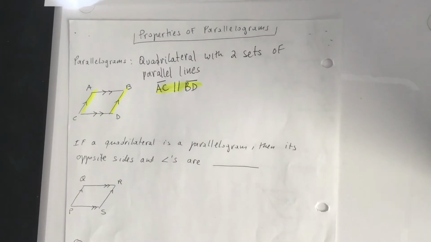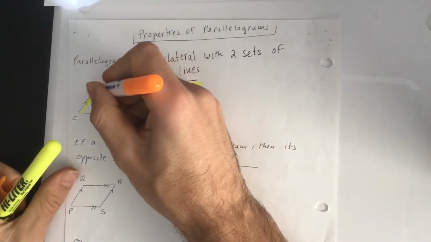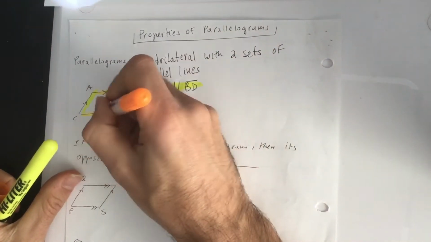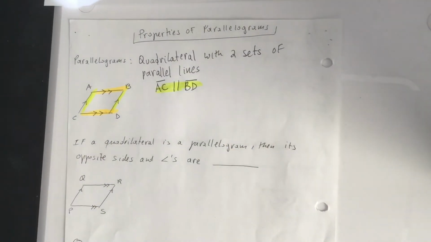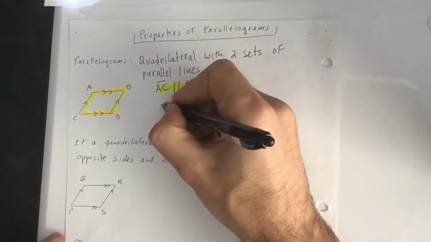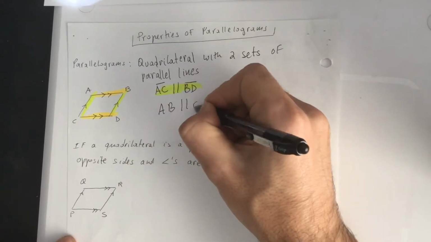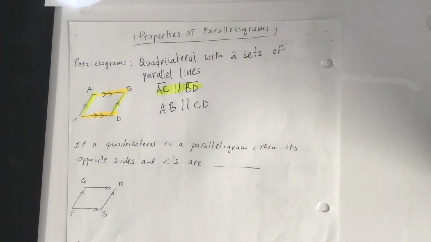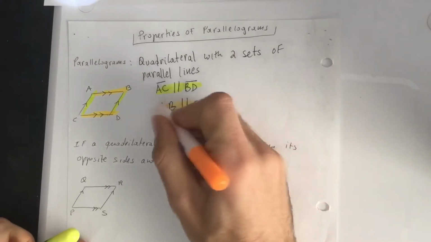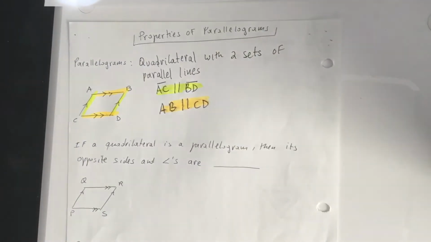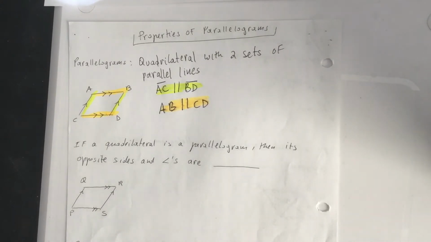And also it means that AB and CD are also parallel to each other. So AB is parallel to CD. Right? So that's the definition of a parallelogram, which is a special quadrilateral with two sets of parallel lines.